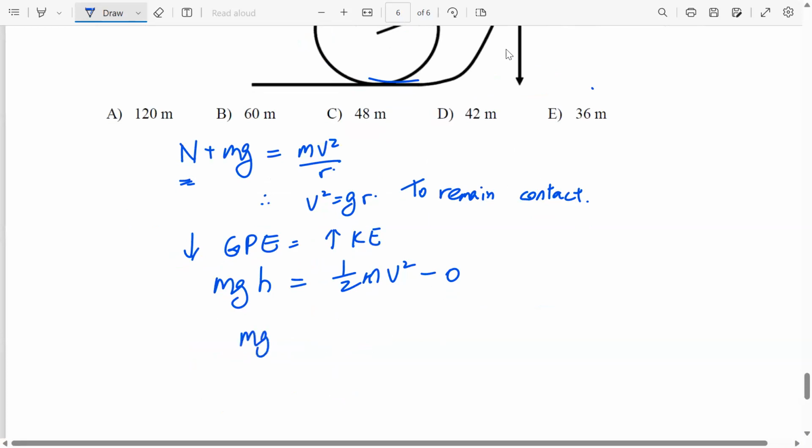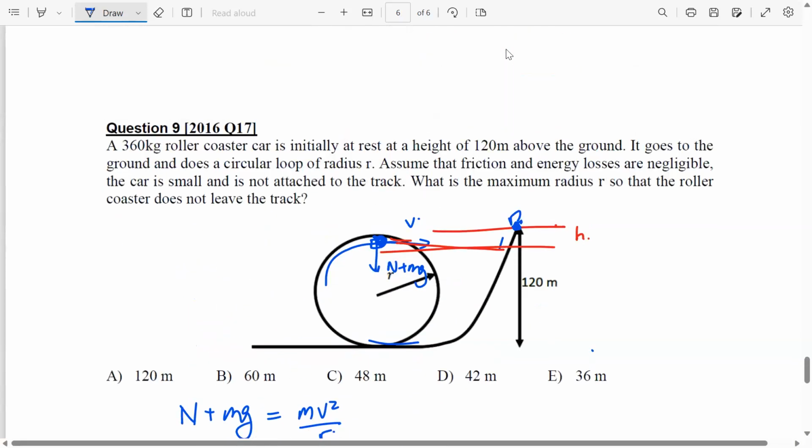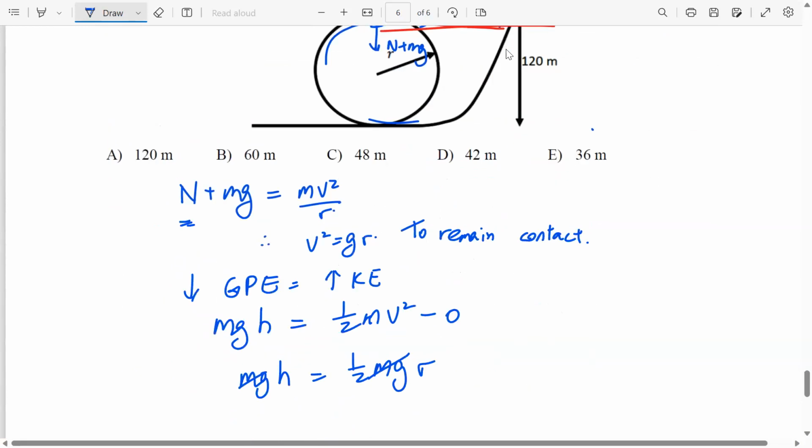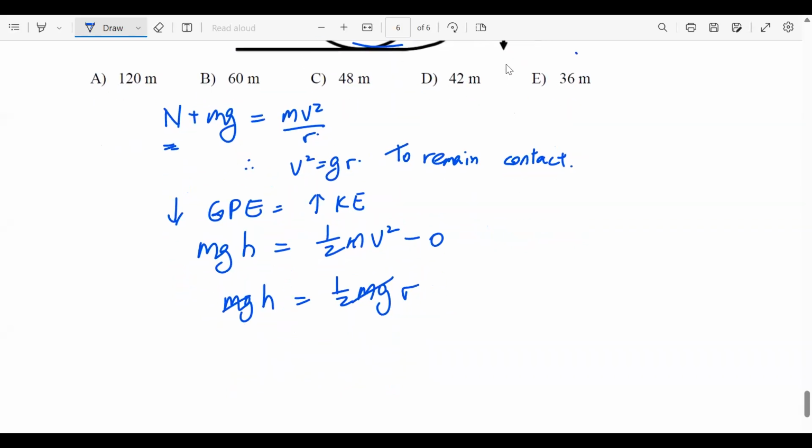So mgh equals half mgr. Cancel. So from here, you can see that h equals half r.